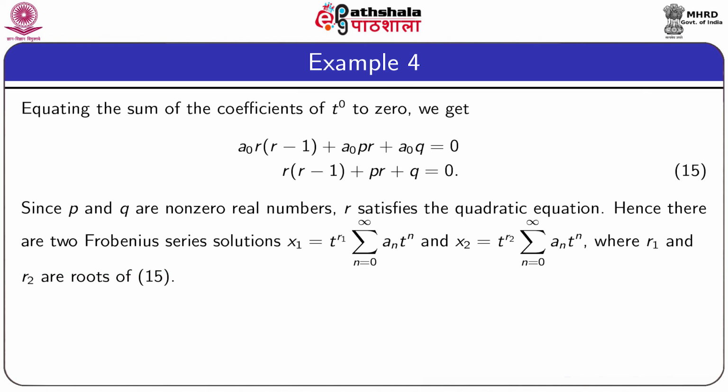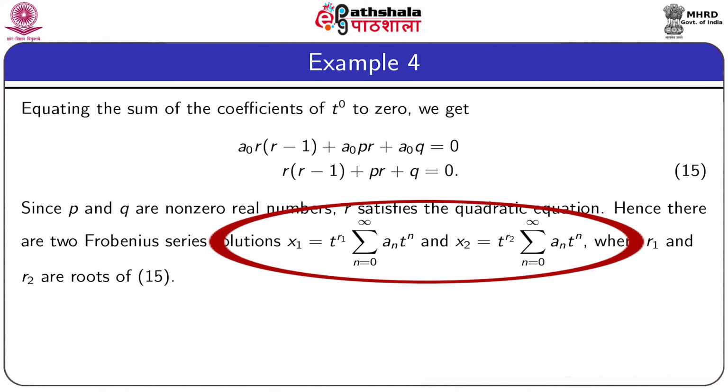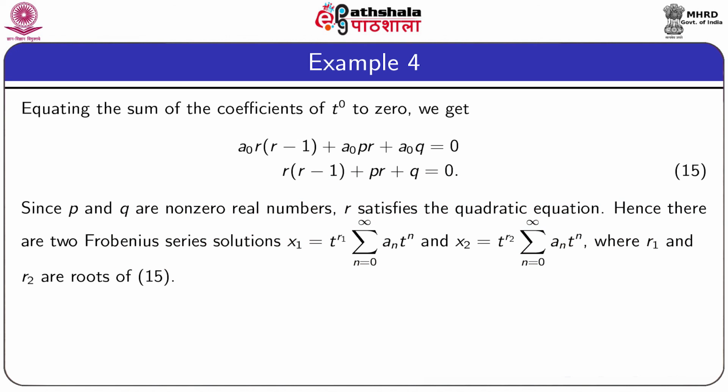Hence, there are two Frobenius series solutions, namely x1 equal to t to the power r1 summation n equal to 0 to infinity a_n t to the power n and x2 is equal to t to the power r2 summation n equal to 0 to infinity a_n t to the power n, where r1 and r2 are the roots of equation number 15.